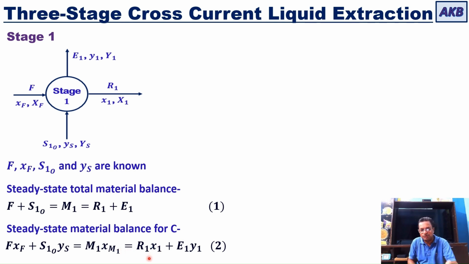Therefore, it will be equal to C in the raffinate phase plus C in the extract phase. And I am calling this equation number 2.